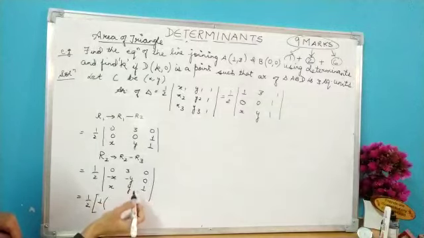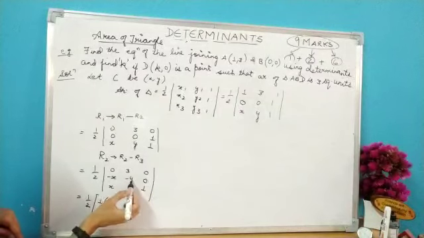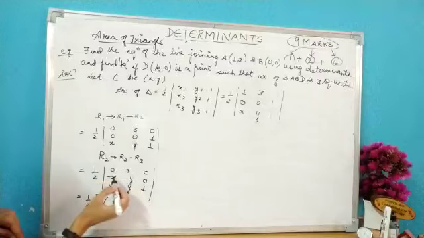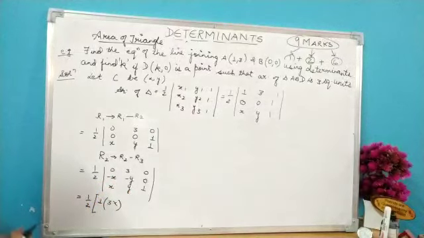This is sign convention. So eliminate this row and this column. This into this will be 0. Minus this into this will give me 3x. Now you see what we can do here is, the area of triangle will be equal to 0.